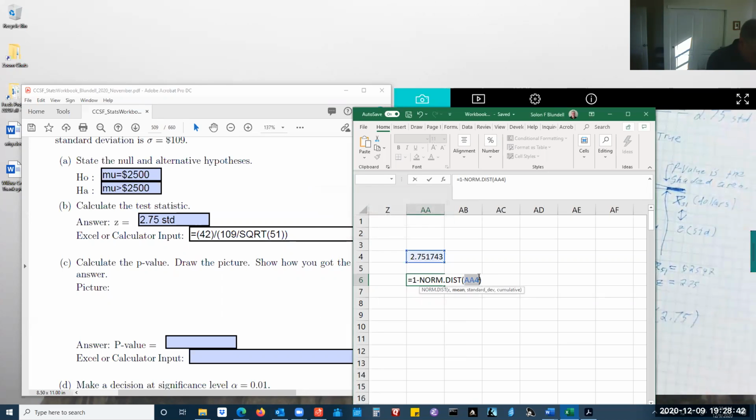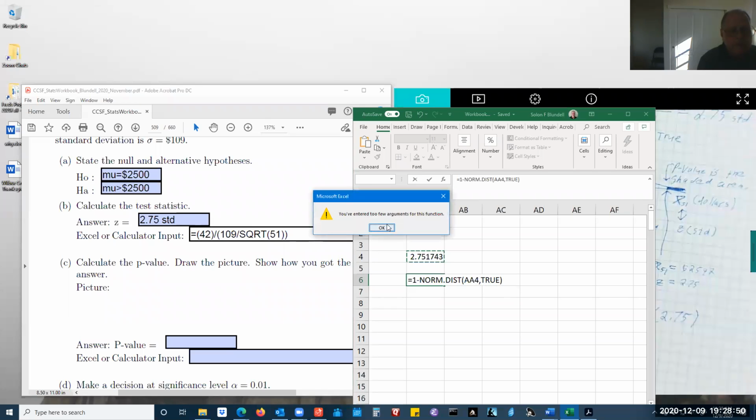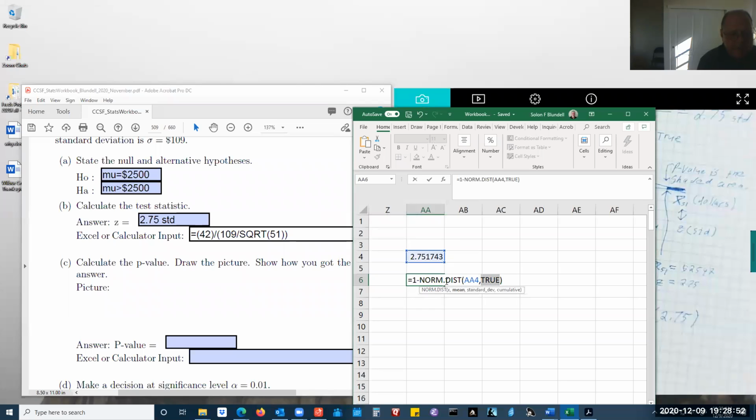Oh, and I got to say true to make the area. And I was trying to say norm.s.dist. Okay. And so there I get my p-value.